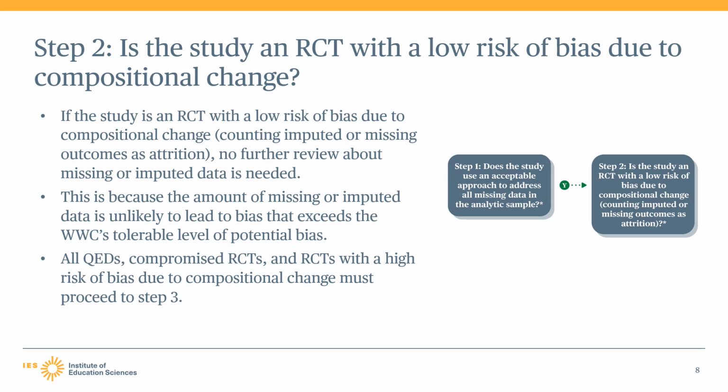However, if a study fails this step, the review will proceed to step 3. So, this means that all individual-level QEDs, compromised RCTs, and RCTs with high risk of bias due to compositional change will proceed to the next step.